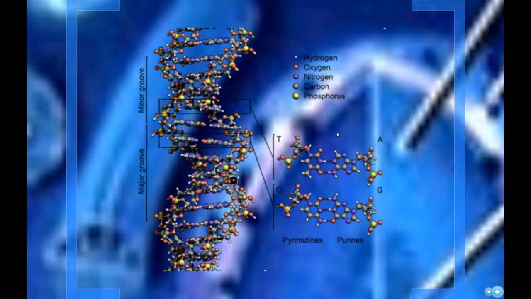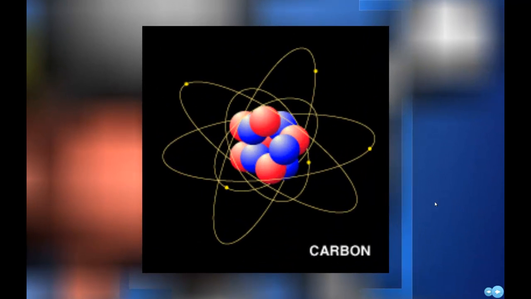We're getting to these things right here. Each of these little balls that you see is an atom. So you can see DNA is made of lots of different atoms with names like hydrogen, oxygen, nitrogen, carbon, and phosphorus. Now we're going to go even smaller, all the way down to the atom. This particular atom is carbon. Carbon has, just like all atoms, some pieces to it.